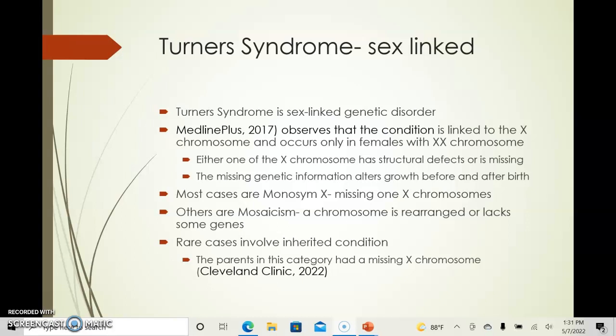These are known as mosaicism. However, a rare case involves an inherited condition. The patient in this category had a missing X chromosome.